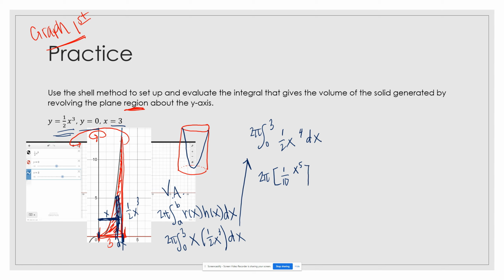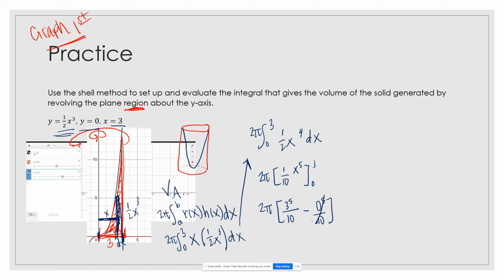Because we took the integral, the dx is dealt with, it's done, and so we're going to go from 0 to 3. Now we have to plug in our values, so we're going to have 2 pi, and then we're going to plug in 3, because you always plug in your upper bound first. So 3 to the 5th power over 10, and then we're going to subtract 0 to the 5th power over 10.